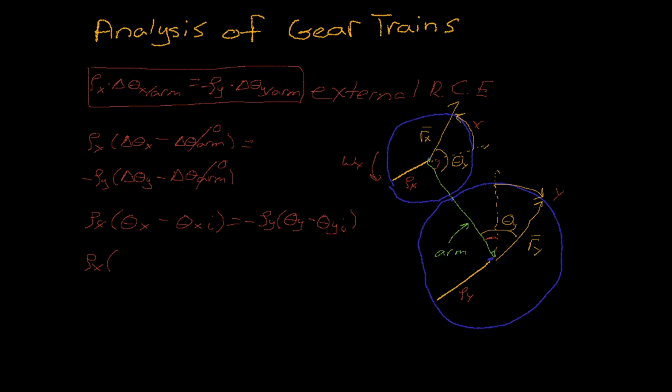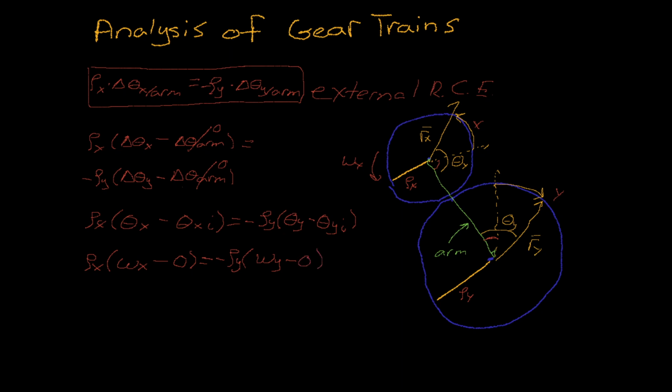That's a position, so the derivative would be the velocity, omega x, minus the value of theta x i, which is a constant, so the derivative of a constant would be 0, is equal to minus rho y times, again, theta y, the derivative would be omega y, the velocity of y, minus, again, theta y i is a constant, so that would also be 0.